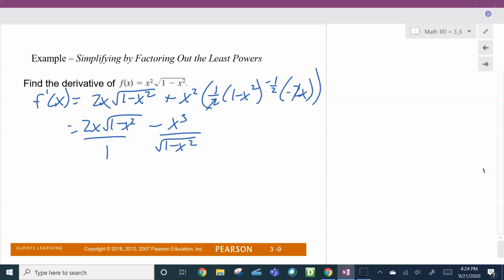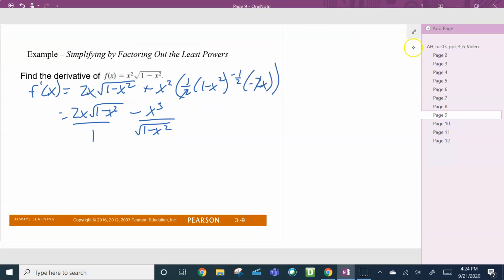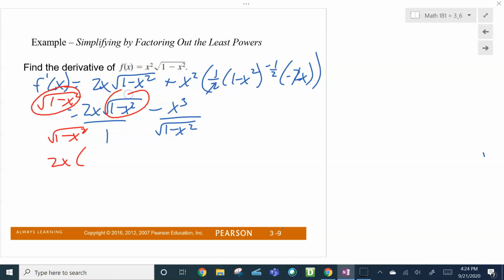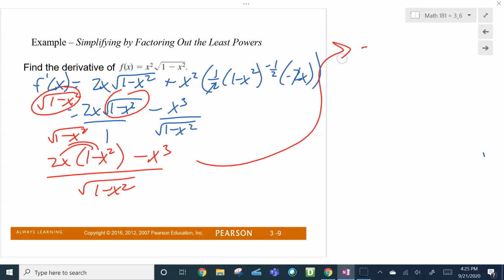Now this is over 1 right now, so I'm going to give it a common denominator. So the square root of 1 minus x squared, the square root of 1 minus x squared. So I've got 2x, and that times that is just a regular old 1 minus x squared, to the 1 power, minus x cubed over the square root of 1 minus x squared. I'm going to distribute that, so I have 2x minus 2x cubed minus x cubed all over the square root of 1 minus x squared.